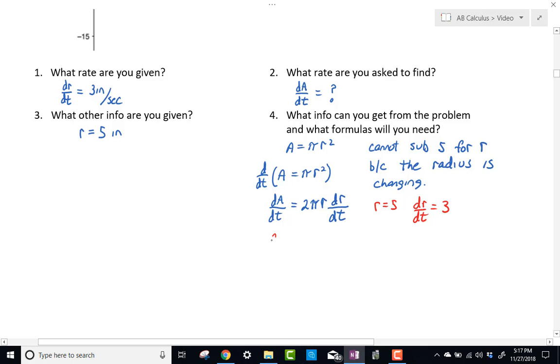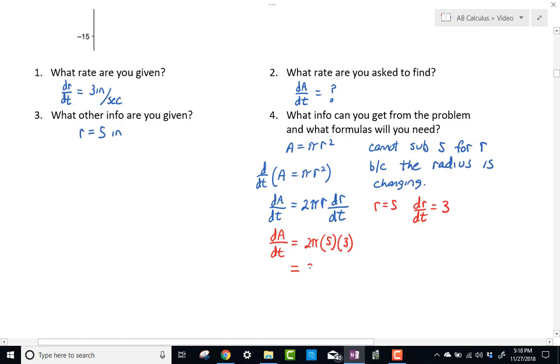So here we go. That means that the rate of change of the area with respect to time is equal to 2 pi times r, which is now 5, times dr dt, which is 3.